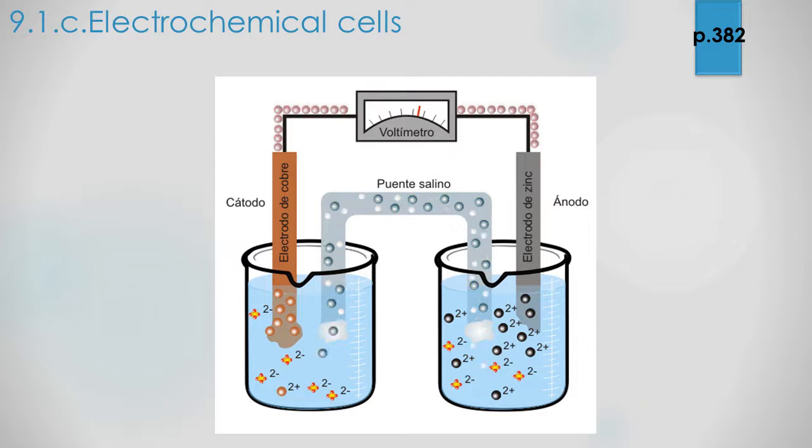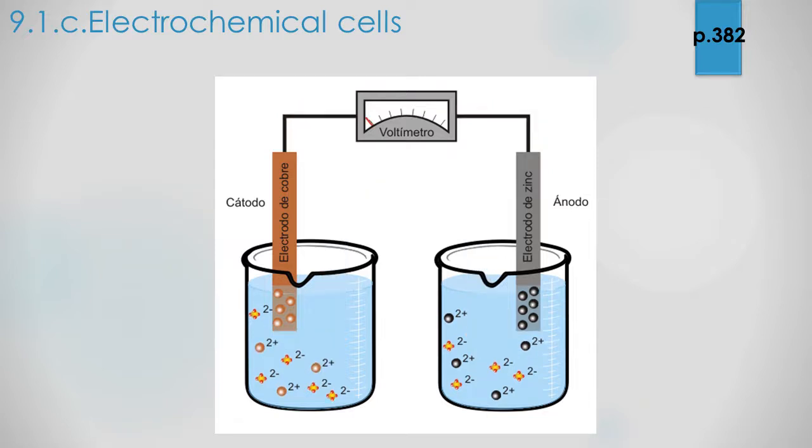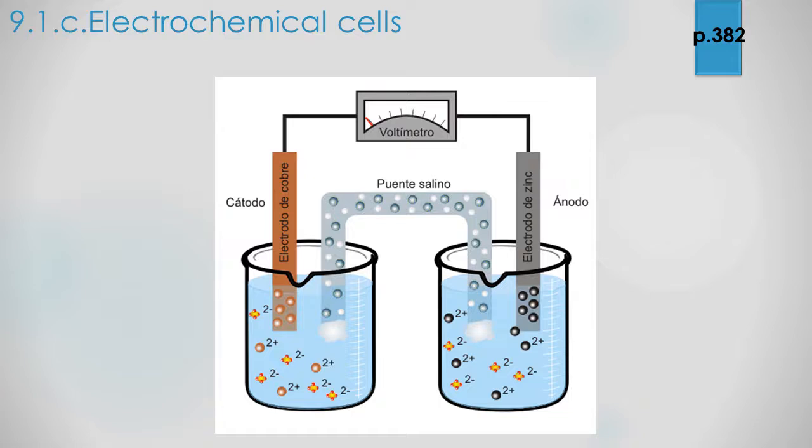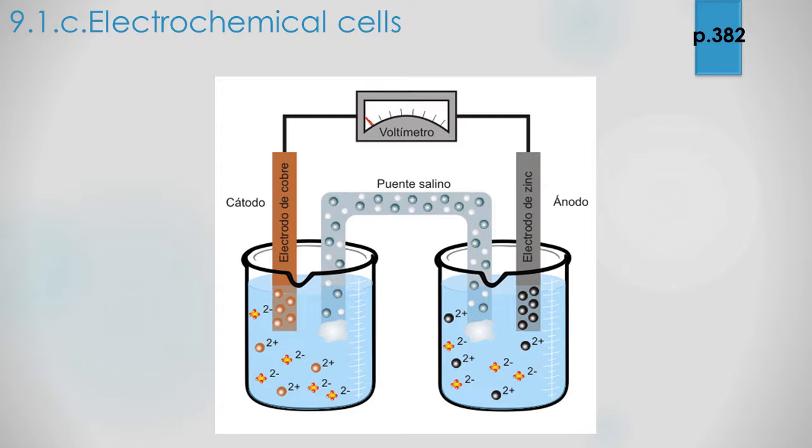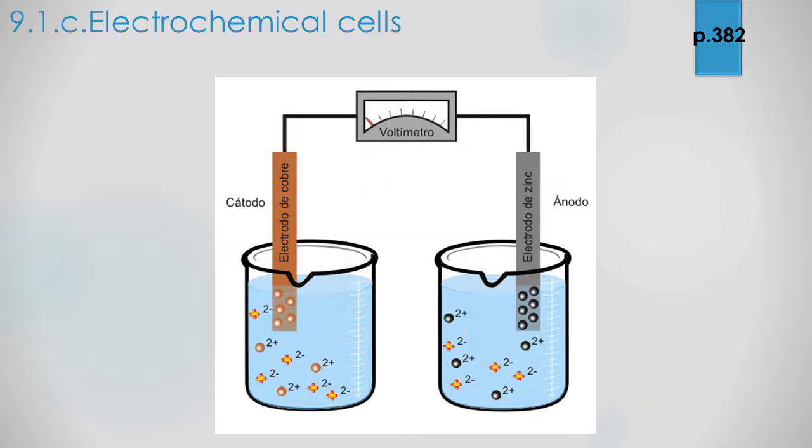What's happening here is that the amount of the cations at the cathode is decreasing once the reaction starts. So what's going to happen, more cations will be supplied from the salt bridge. At the anode, the amount of the cations will increase. So what's going to happen, more anions will be provided from the salt bridge.